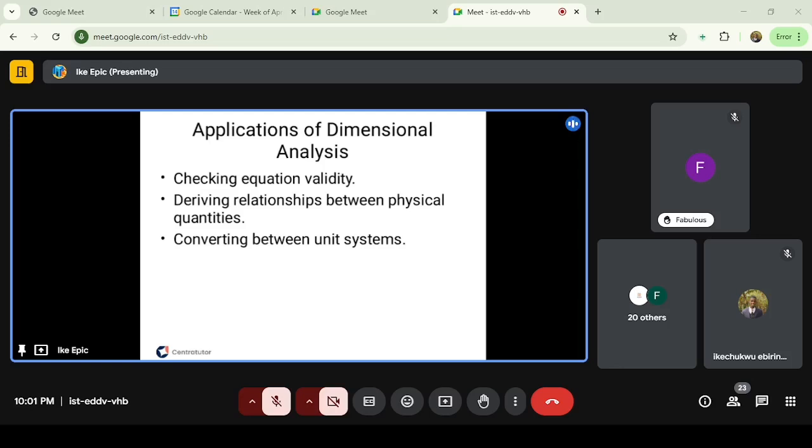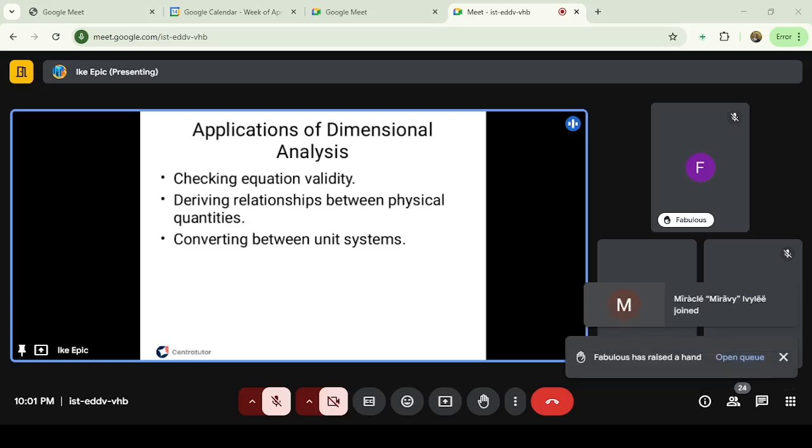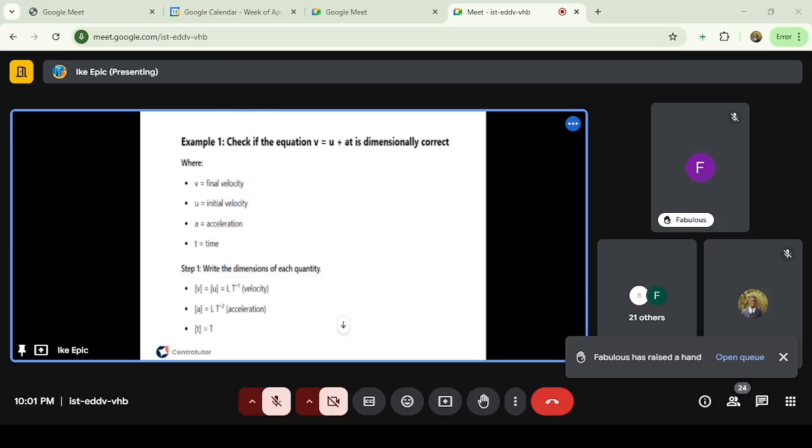This can be used to determine whether an equation is correct, to derive the relationship between physical quantities, and to convert between different unit systems, that is from CGS to SI units and so on. So let's go.